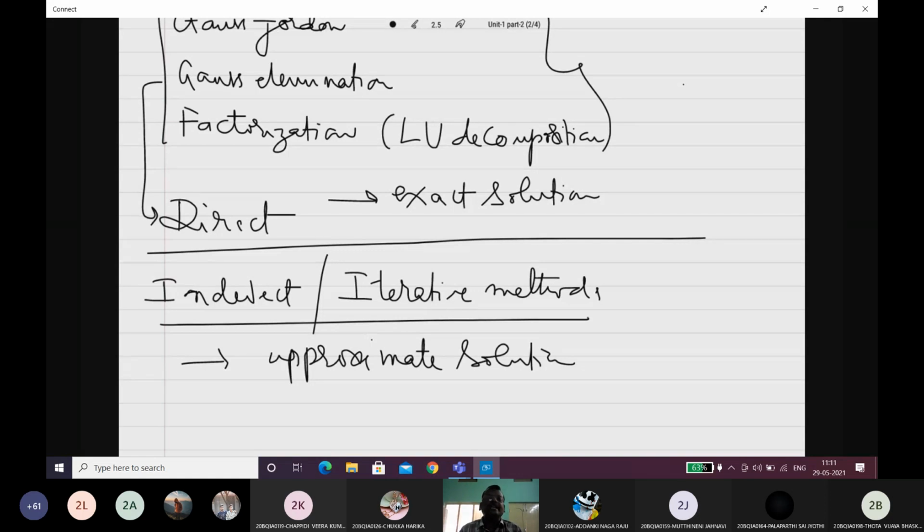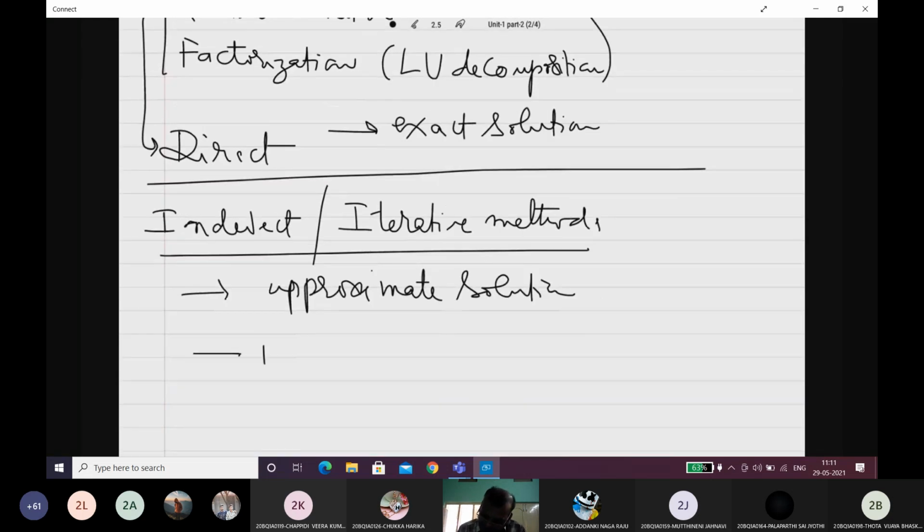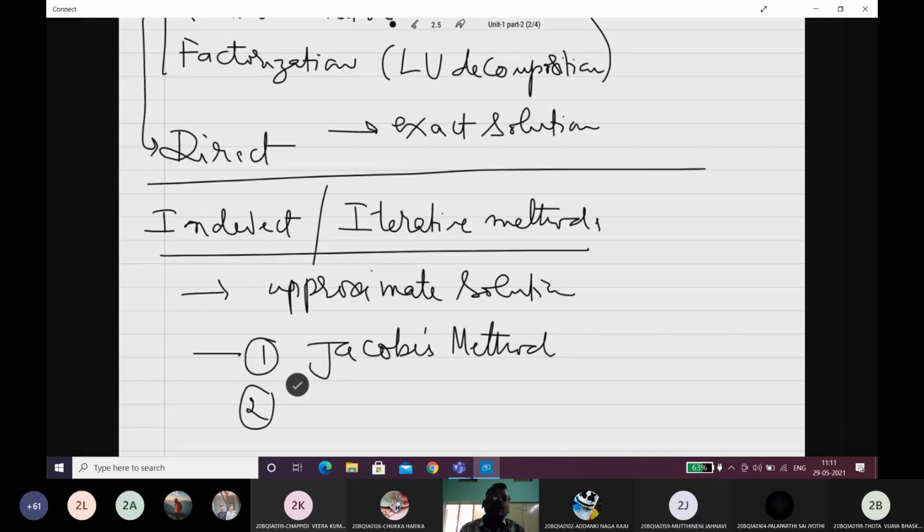In our syllabus, we study two methods, though actually we have three methods. One is Jacobi's iterative method, and the second one is the Gauss-Seidel iterative method.